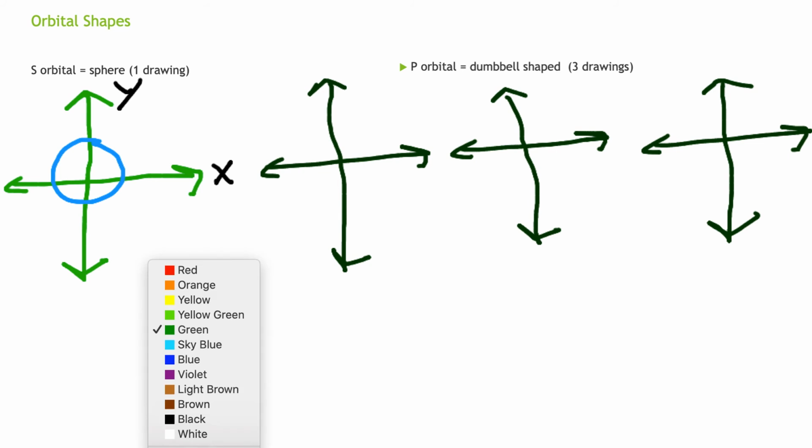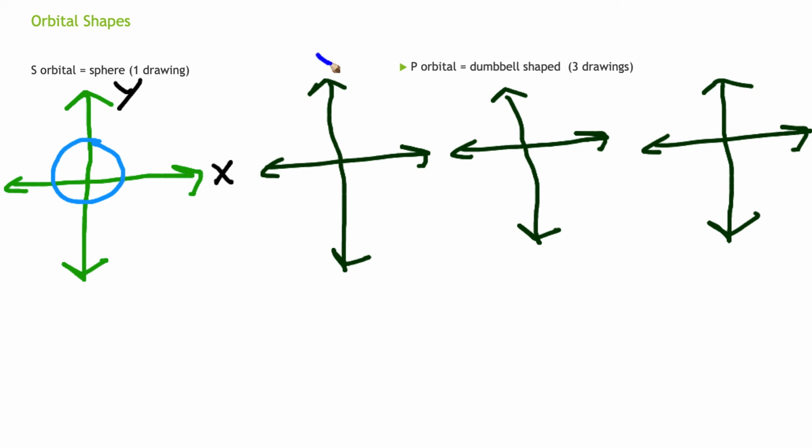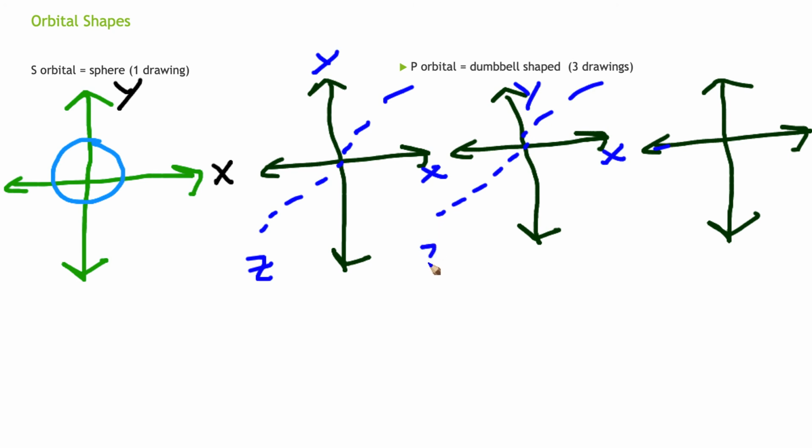So now, for the p orbital, you're going to have the y, x, and then a three-dimensional z-axis as well. So once again, y, x, and then z. Now, like I said, these are dumbbell-shaped.